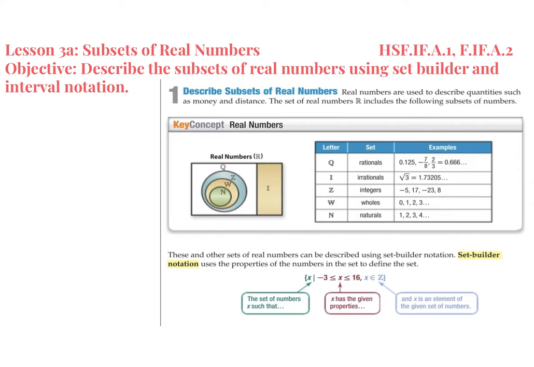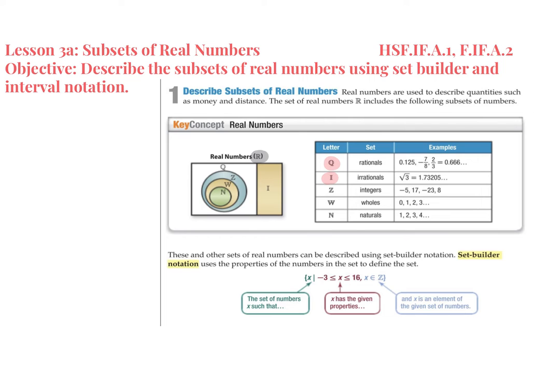So the real numbers is denoted by this weird R. And then we have subcategories. So we have rationals, which is basically like fractions, and that's denoted with the Q. Irrationals are basically everything that has a non-repeating decimal, like the square root of 3, pi is an irrational number, and we use a weird I for that one.